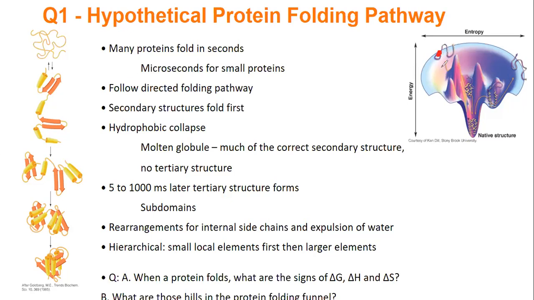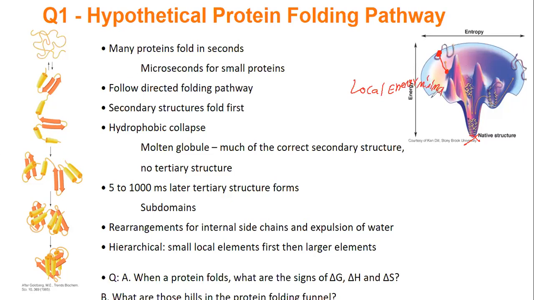Let's say you started here as a protein. Your goal is to reach the very bottom of this funnel. And so you're folding, you're folding, you're folding, and you come to right here. This is called a local energy minima.